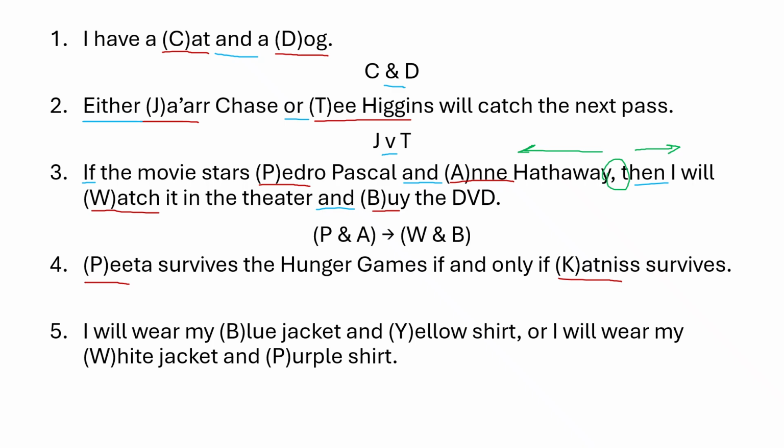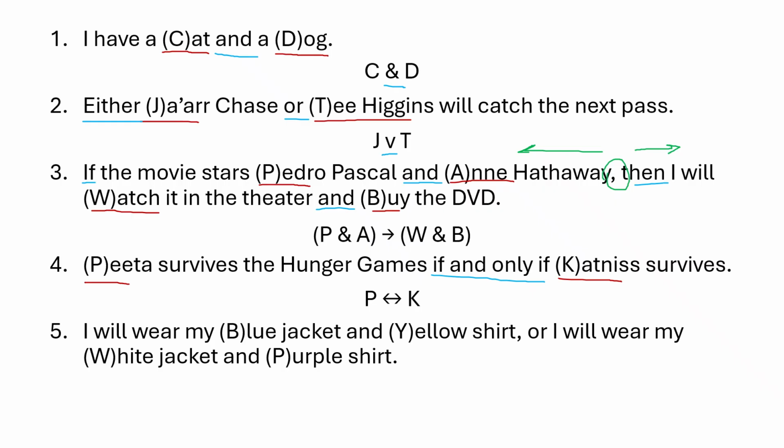So here we've got an "if and only if" statement. Let me erase that. So we've got this "if and only if" statement, and that's got to be represented by a biconditional. So we've got just P double arrow K here.